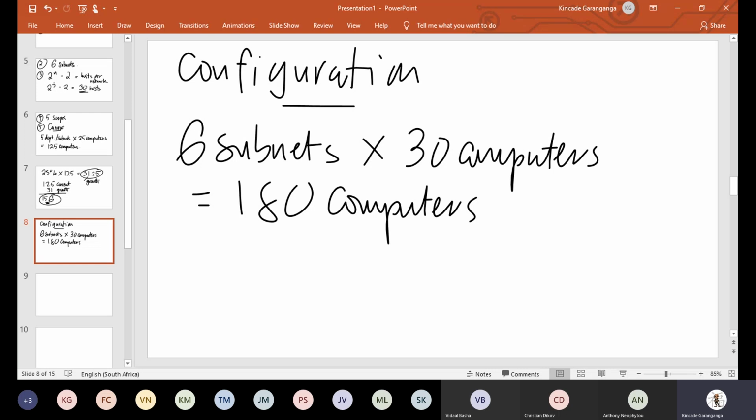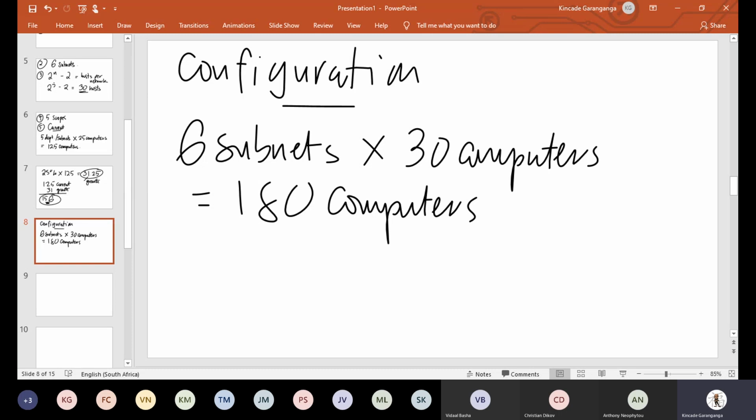So just by looking at it, it seems like we can accommodate the 156, because that number is a little bit more than 156. But remember, we've mentioned the fact that we're not using the entirety of the 6 subnets, are we? We're only using 5, because the last subnet is going to be dedicated to the servers only, and no desktop clients are going to be incorporated in that subnet.